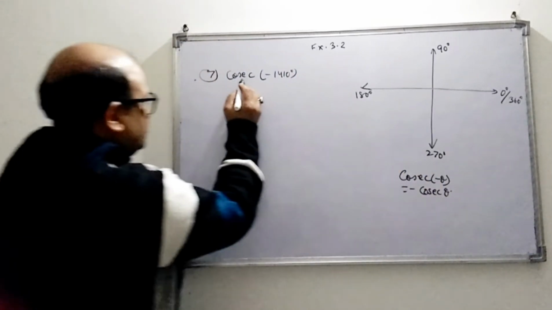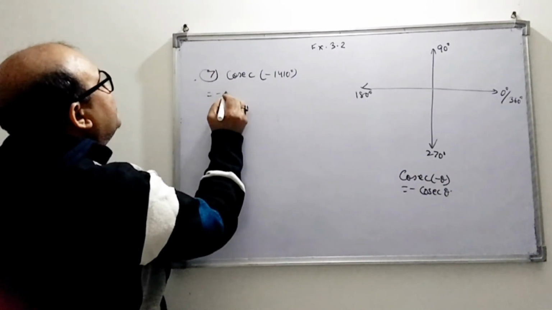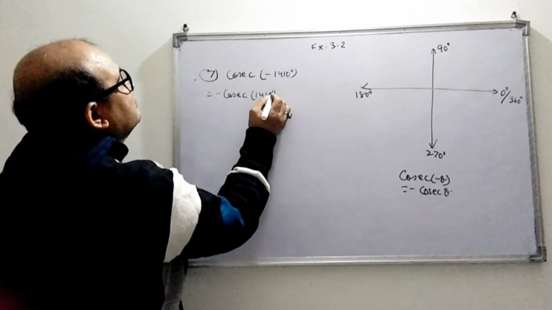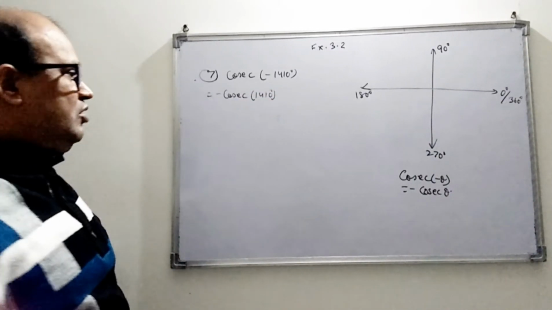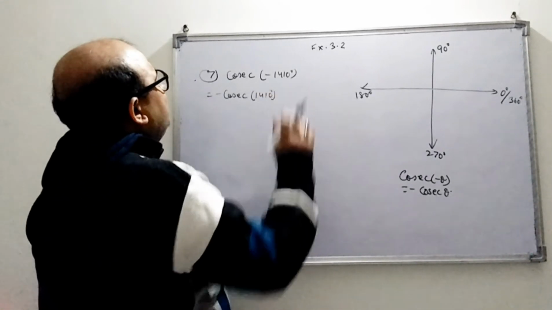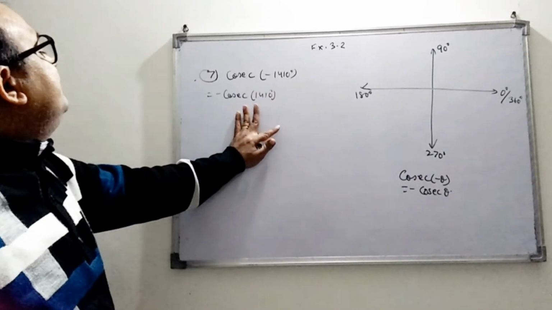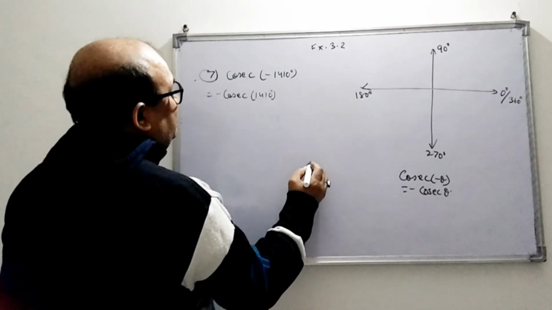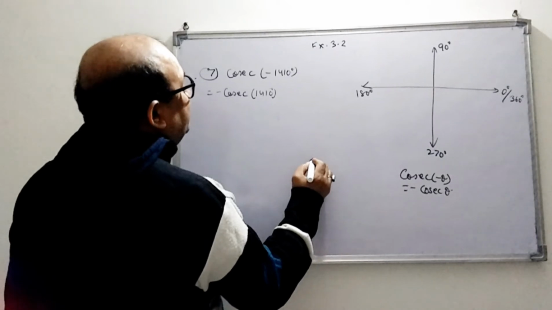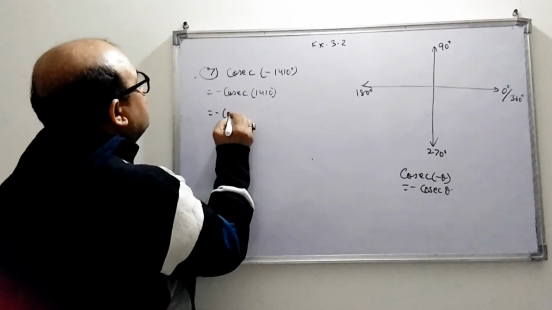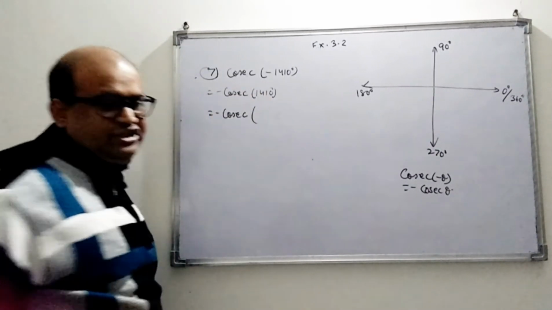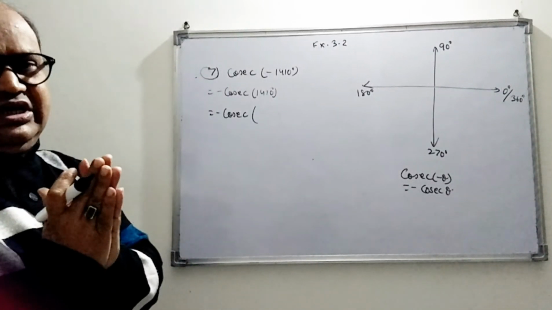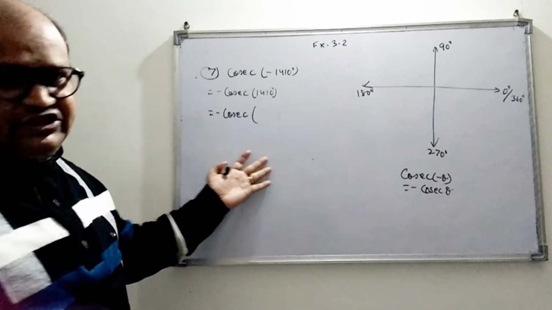First you write this: cosec minus 1410 equals minus cosec 1410 degree. Now divide it by 360; we should bring it to an integral multiple of 360.